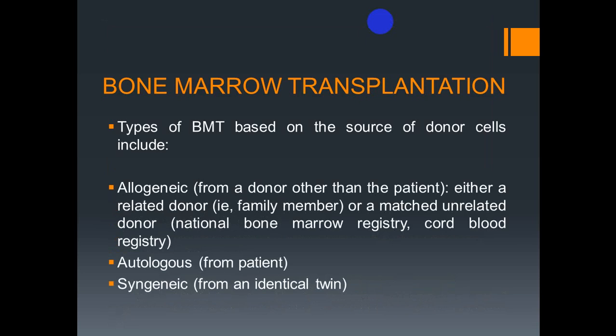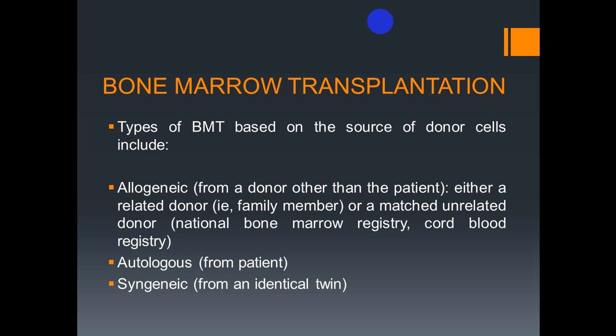The other line of treatment for the cancer patient or oncologic patient is bone marrow transplantation. Types of bone marrow transplantation based on the sources of donor cells include three types of donors.